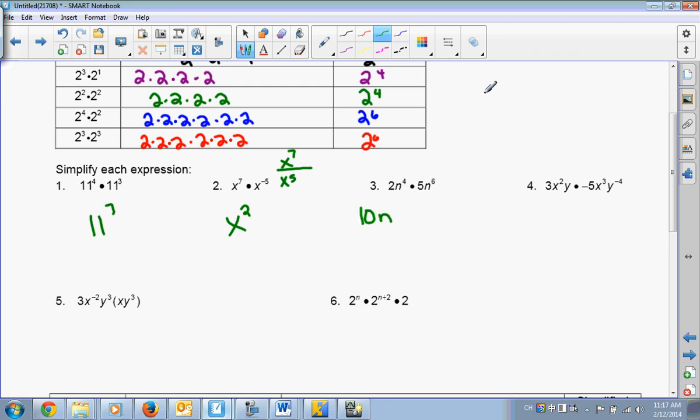So let me clarify. So if you had 4x to the power of 3, I'm just making this up. This number here is called a coefficient. It is not your base. What is your base? The x is your base. And then the 3 is your power.